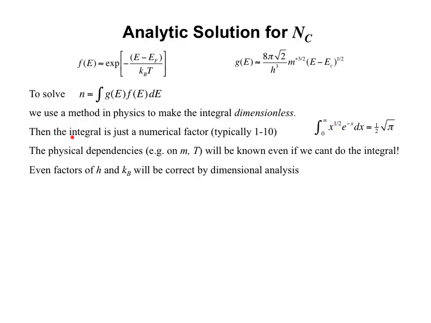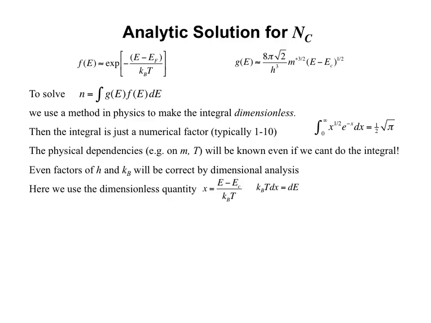In this way, the integral will become just a numerical factor that is typically between 1 and 10. In this case, our definite integral is shown here. The dependencies on physical quantities such as mass and temperature will be known even if we can't do the integral. We will also get factors of h and kB correctly because of the dimensional analysis of the problem.